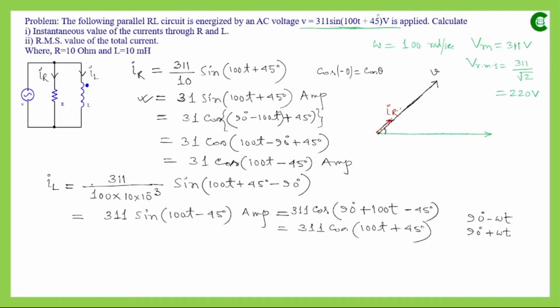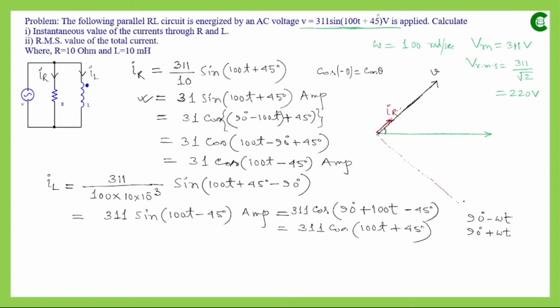Now we know the expression for IL is sine (100t minus 45 degree). This minus 45 degree is with respect to the reference line. So this is our reference line, and IL will lag by 45 degree.